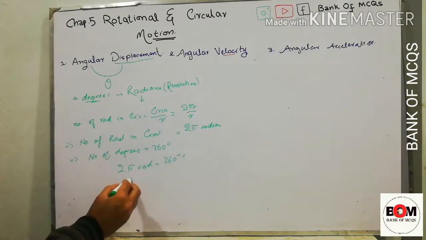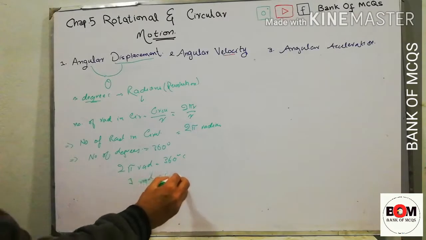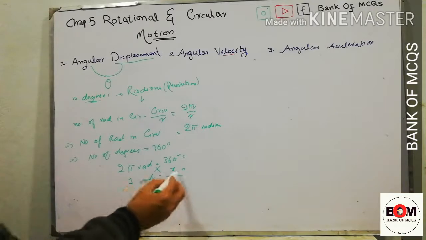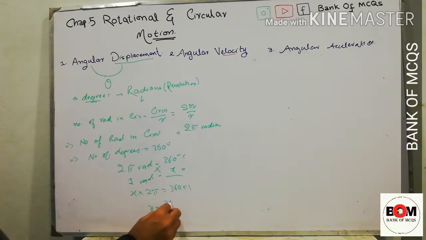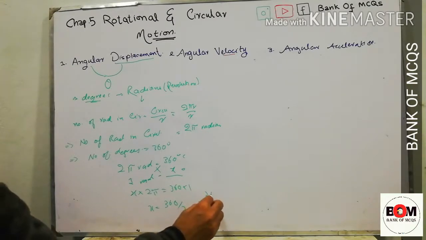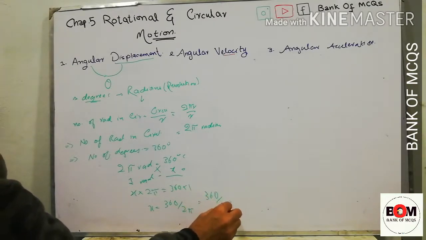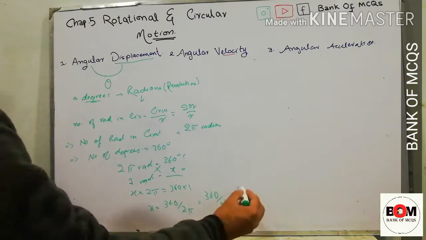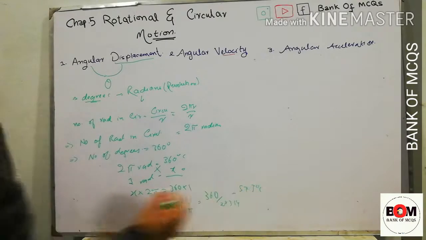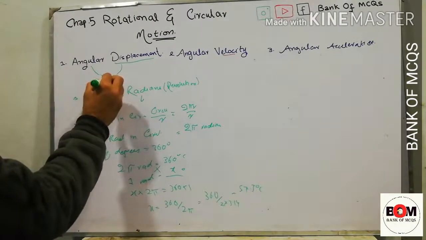Now to find how many degrees 1 radian is: by cross multiplication, x multiplied by 2 pi radians is equal to 360 degrees multiplied by 1, or x is equal to 360 divided by 2 into 3.14, and the answer is 57.3 degrees.